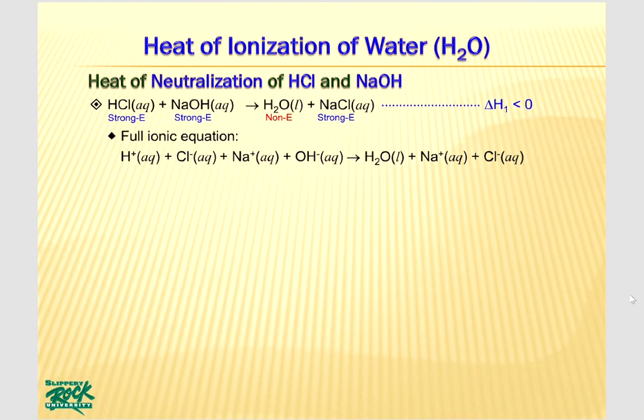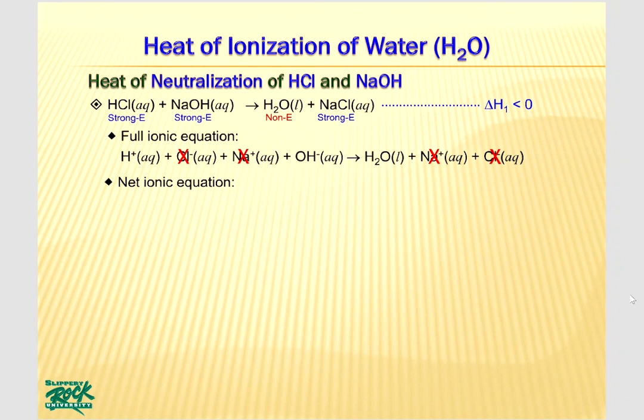Net ionic equation is constructed by eliminating spectator ions from both sides of the full ionic equation. Since spectator ions are not involved in a reaction, they are part of surroundings, not the system. Please be advised that net ionic equations will be used to represent chemical reactions in the upcoming slides.